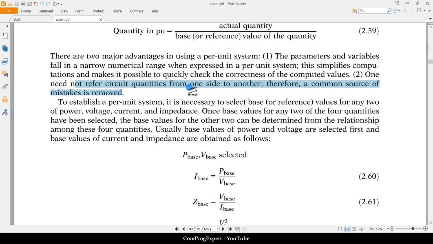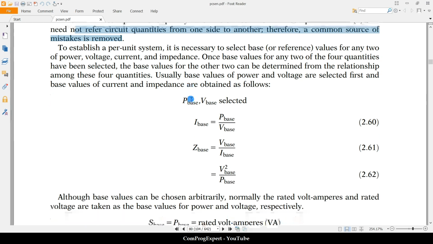Yes, when we review the per unit system, we will also check the per unit model of a transformer. In a per unit system, there is no need for transferring quantities from one side to another side. So let's check.